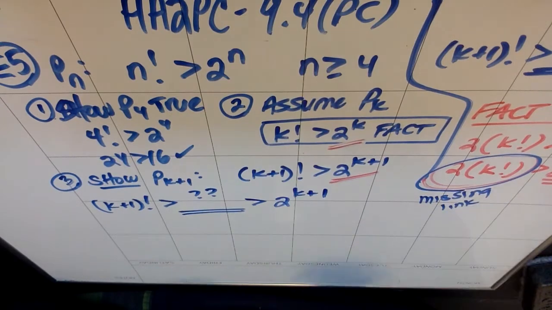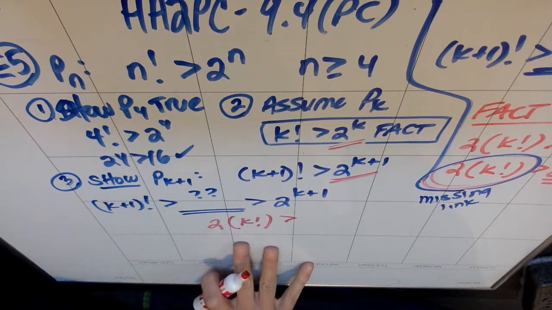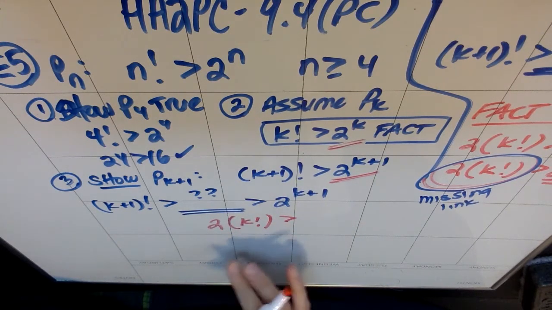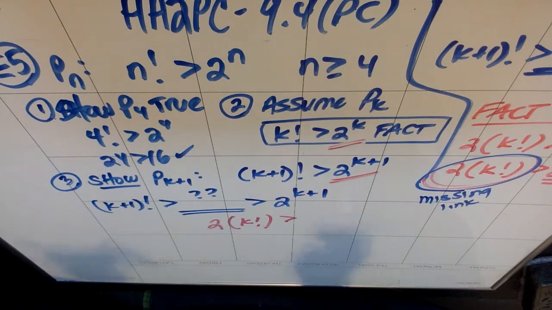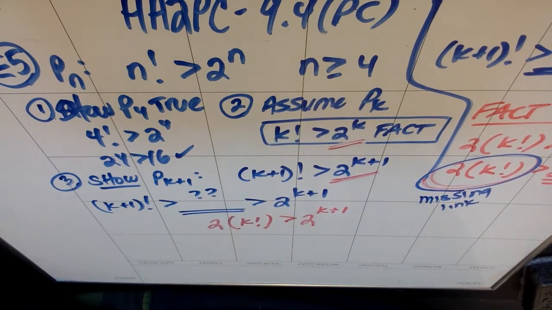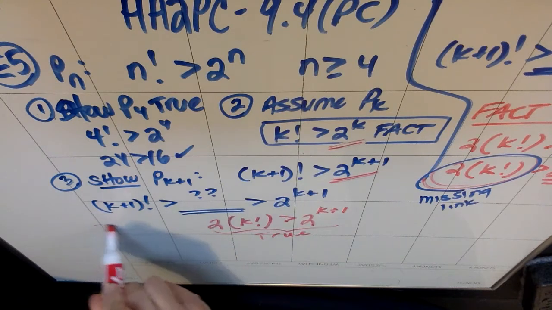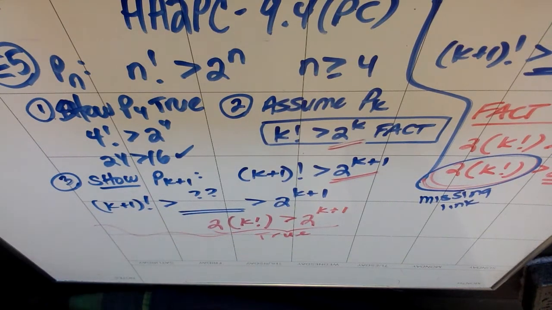What I have figured out in red using my fact is that 2 times k factorial is bigger than 2 to the k plus 1. I don't need those parentheses because the factorial takes precedence over the 2, but I'm putting them just so you don't get confused. I know that this is definitely true. So if I can show that k plus 1 factorial is bigger than 2 times k factorial, then I can show I'm correct.